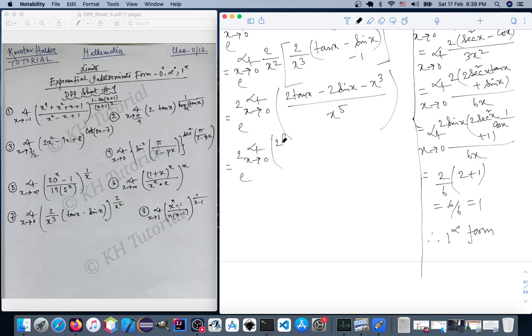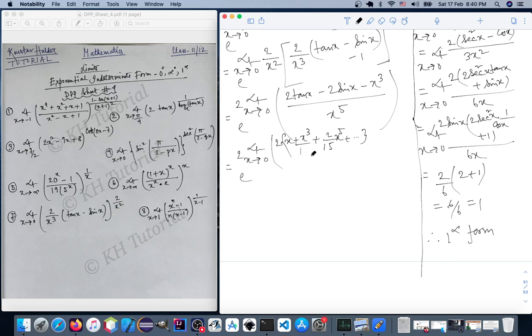The tan x expansion formula is x plus x cube by 3 plus 2 by 15 x to the power 5. We will not go beyond x to the power 5, because in the denominator we have x to the power 5.